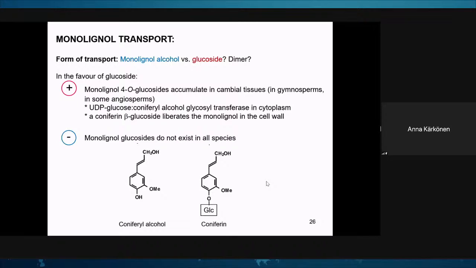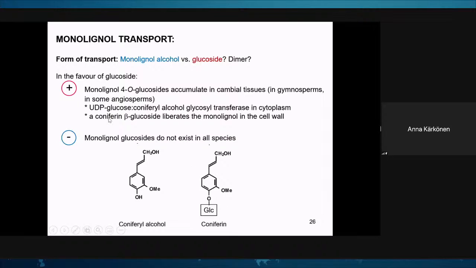There exist this kind of enzymes that make these conjugates, like UDP-glucose coniferyl alcohol glycosyltransferases. They exist in the cytoplasm, and they are able to make, for example, coniferin out of coniferyl alcohol and glucose.